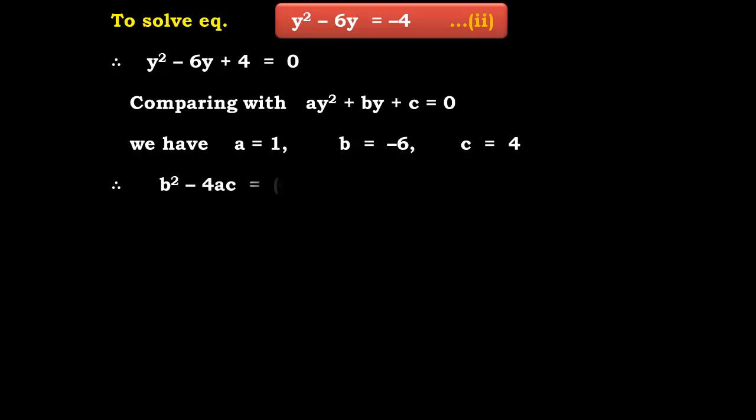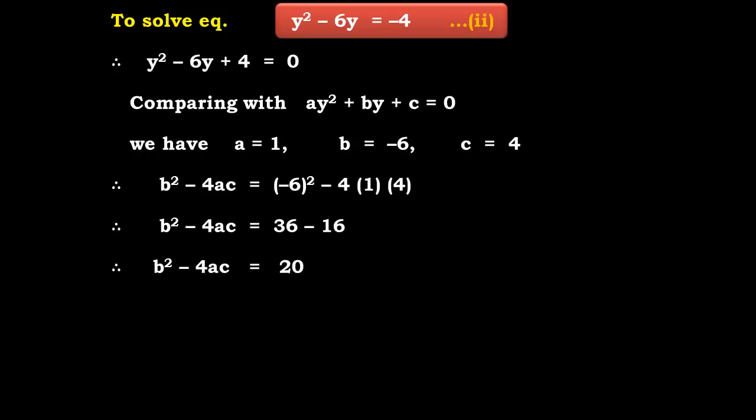Therefore, b square minus 4ac, that is (minus 6) the whole square, minus 4 into 1 into 4, 36 minus 16, that is b square minus 4ac is equal to 20.